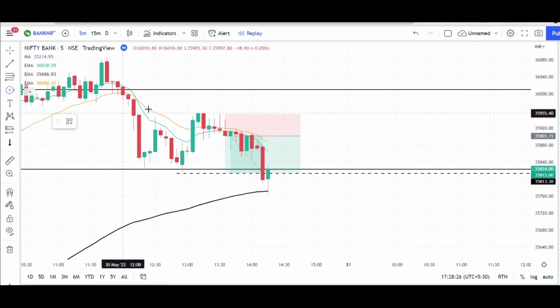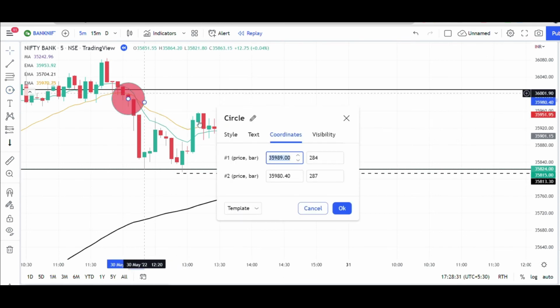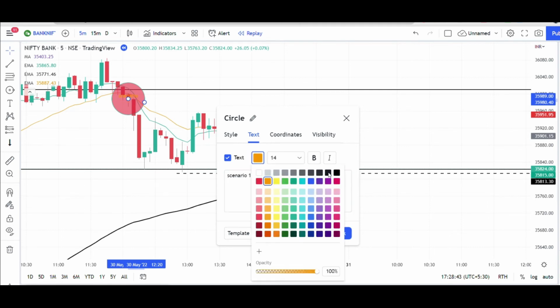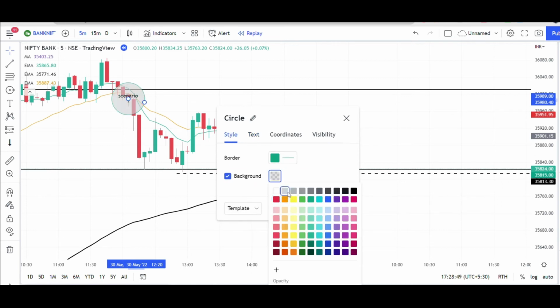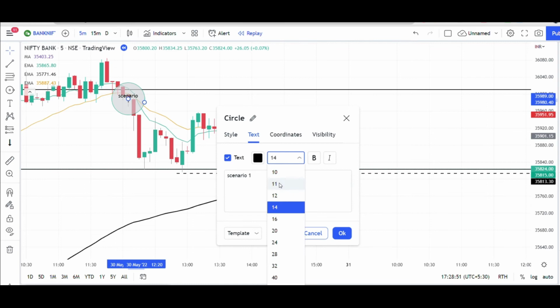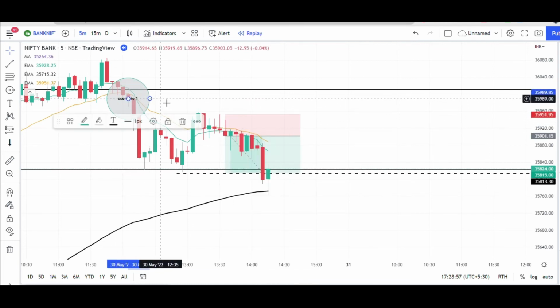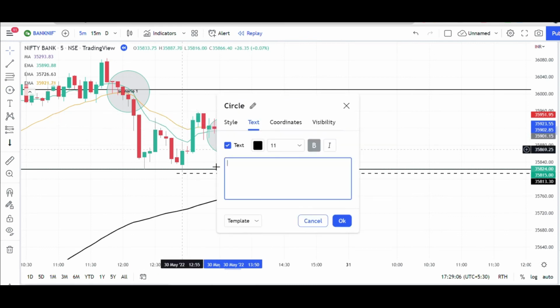This was our scenario 1 entry here, and on this candle was our scenario 2 entry.